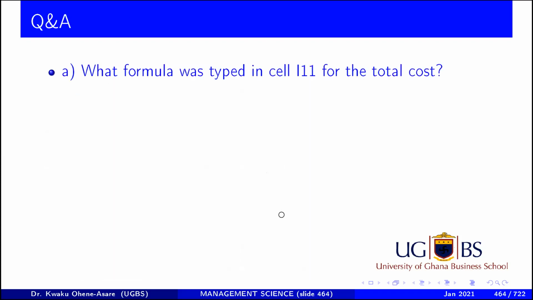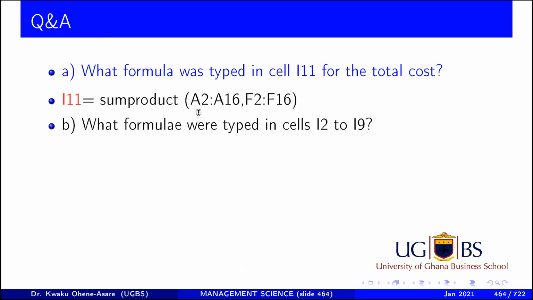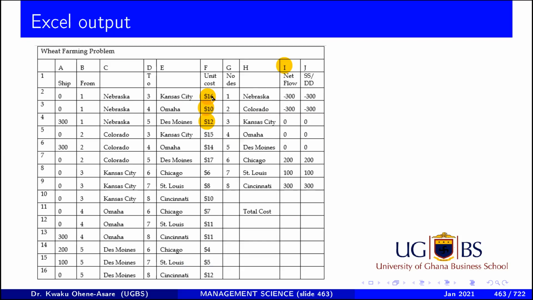So this is it. It says A2 to A16 and then F2 to F16. I'm using SUMPRODUCT here. SUMPRODUCT is a formula Excel uses, but another way would be longer.